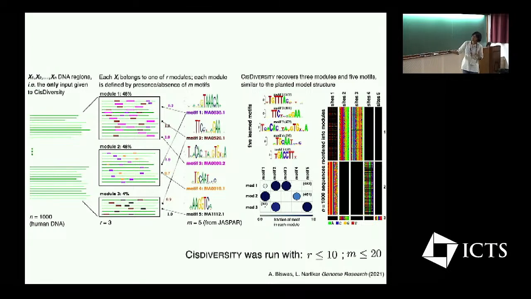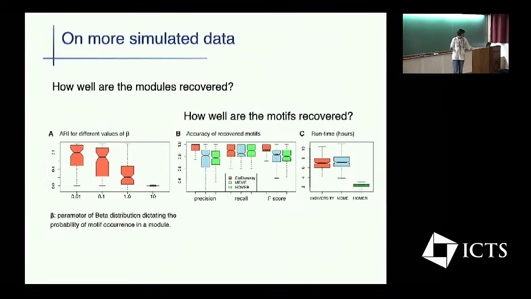You can just ignore this picture, but look at this one here, where the circle color and the size denote the same thing, which is the probability of seeing a motif in that module. What we're saying is all our DNA sequences are split into 3 modules or 3 partitions, and each module is a combination of motifs. Everything is being learned. It does wonderfully on simulated data.